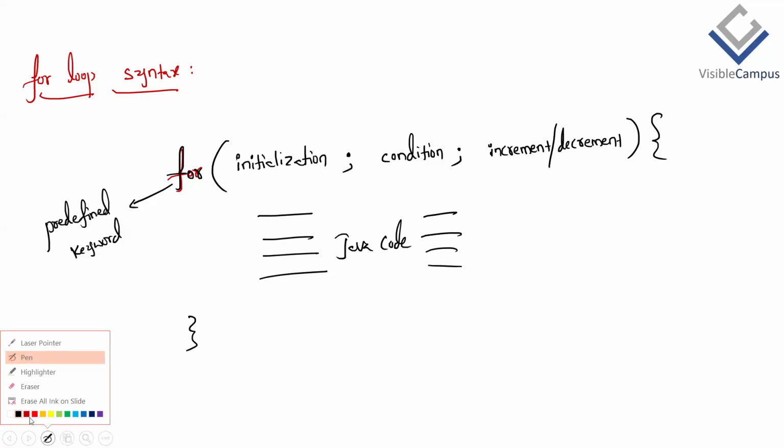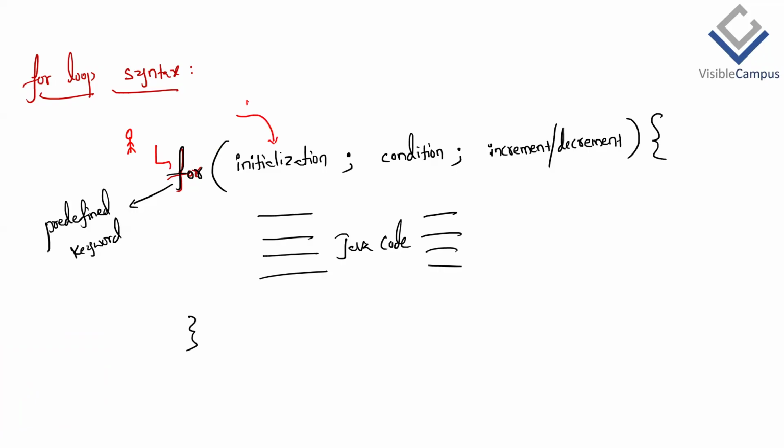Then how does this become a loop? When it comes to JVM's execution, with the example you'll understand much better. When JVM comes to the for loop, the first thing to be executed is initialization. Then JVM goes to the condition check.